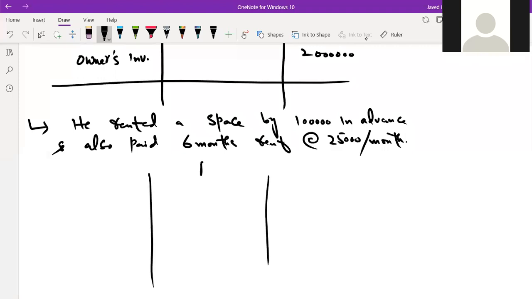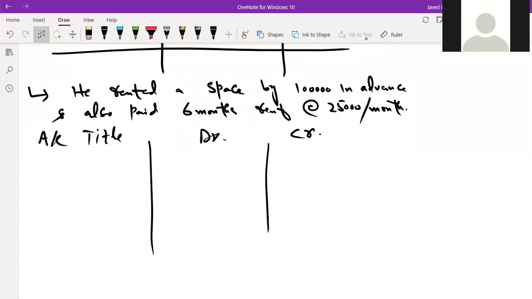Yeah, debit, credit, account item. How would you do it then? Rented a space by paying 100,000 in advance. So it's basically your advance, 100,000. And then he paid 6 months rent also in advance.